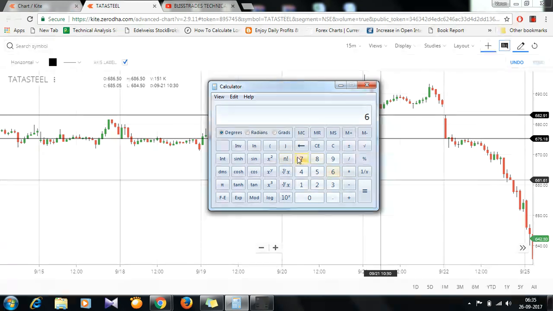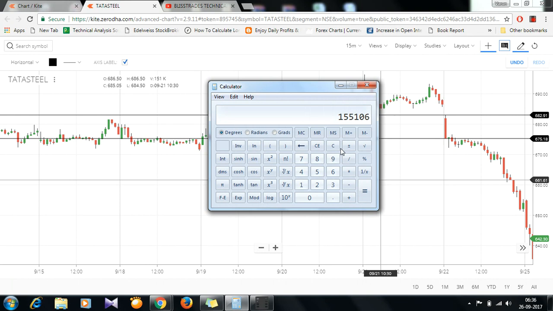So 675 minus 652, 23 points into 222 shares, so I make 5106 on 1 lakh 50,000. So the next day I increase my trading capital. Obviously the trading capital in my account would be 155106, that is my profit added to the 1 lakh 50,000.